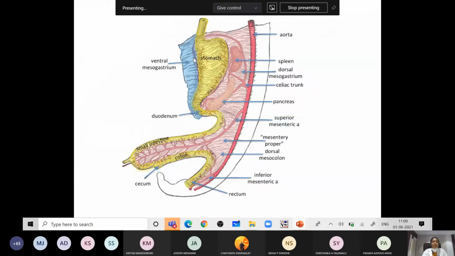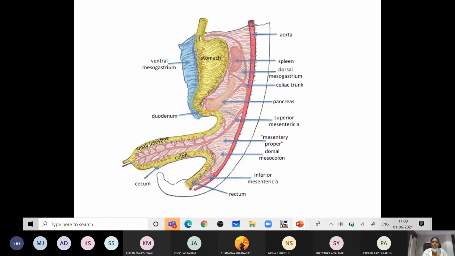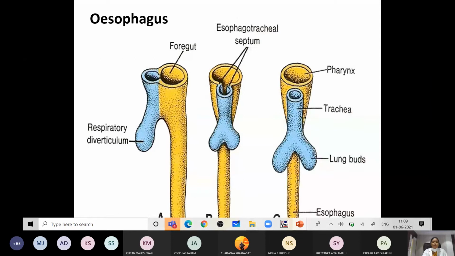As there is descent of the heart and the septum transversum, there will be elongation of the esophageal tube. So this esophagus extends from the pharynx up to the dilatation of the stomach, which will be found somewhere at the lower end here.